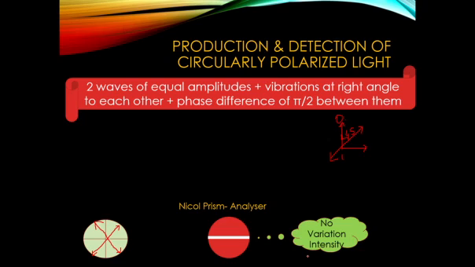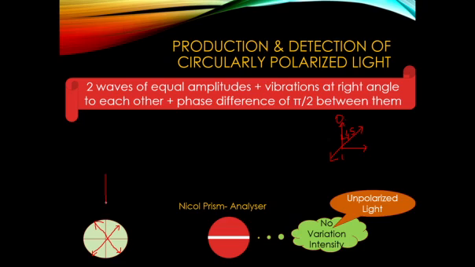The same thing can be found with another kind of ray also. Which kind of polarization is that, where on rotating the analyzer you do not get any intensity variation? Yes, it is the unpolarized light.